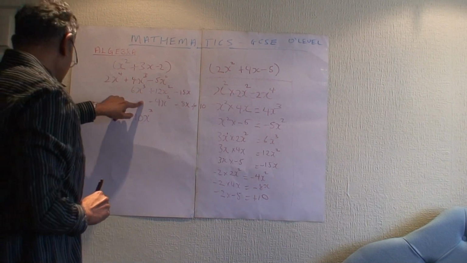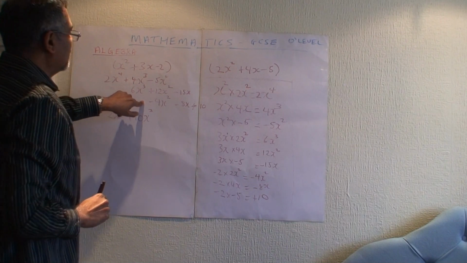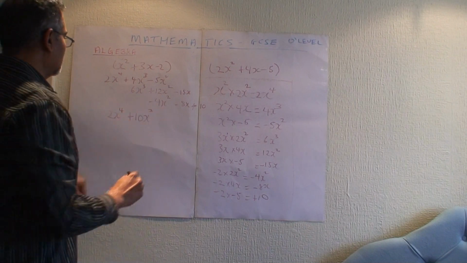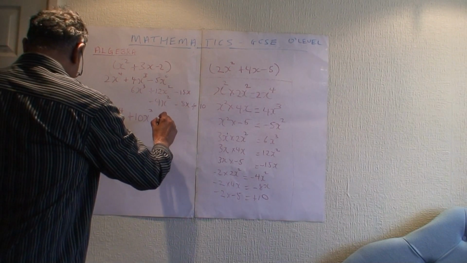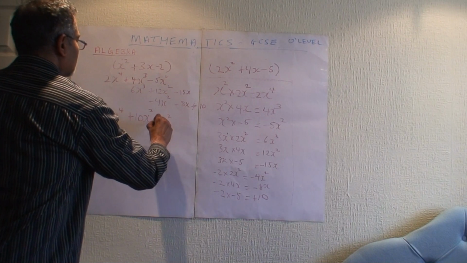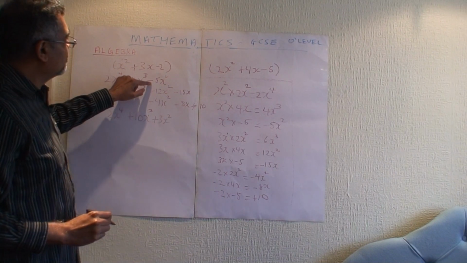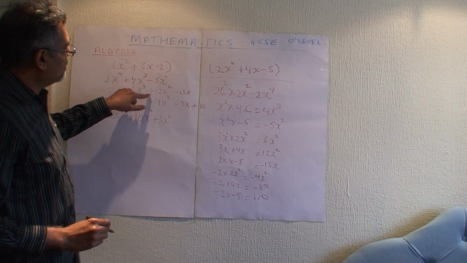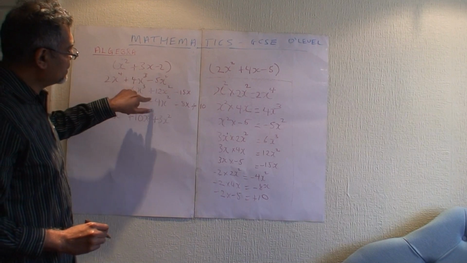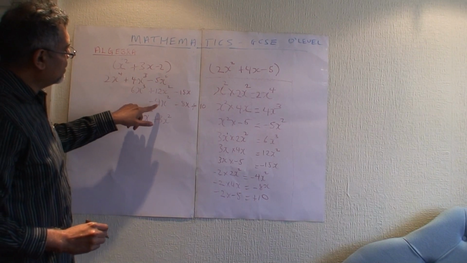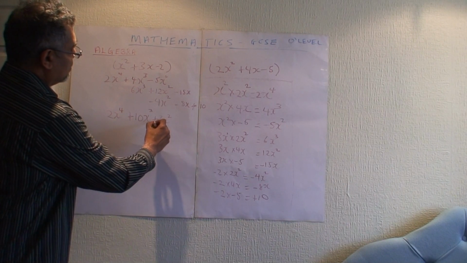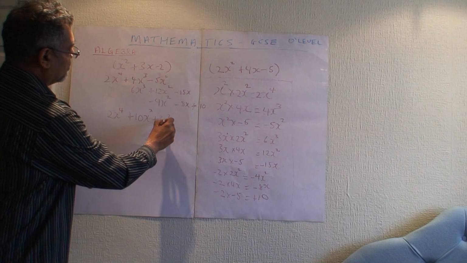But 7x squared minus 4x squared becomes 3x squared.